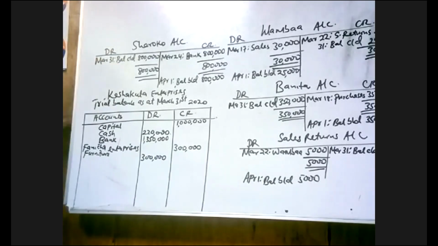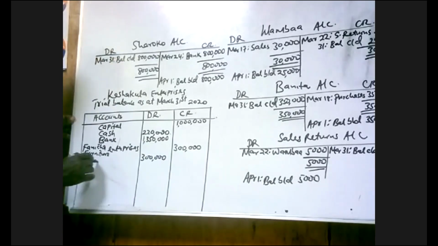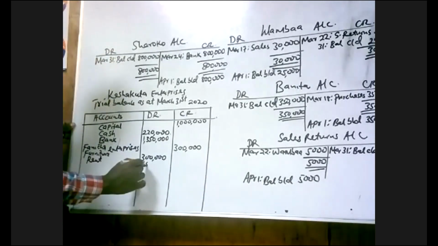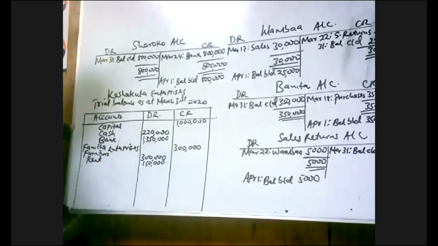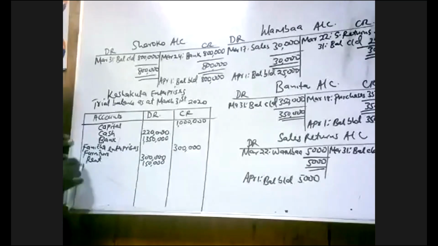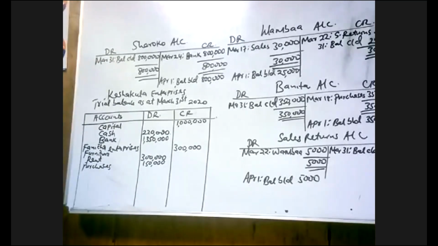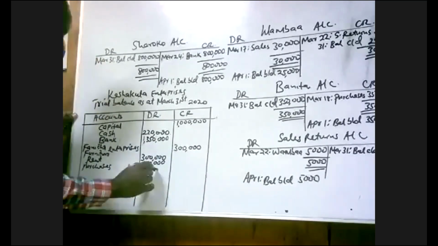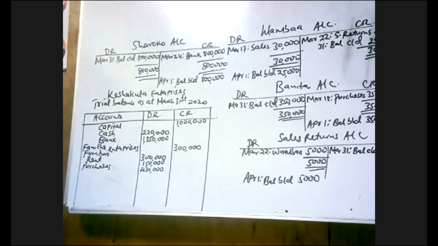The other account was rent, 2,000 on the debit. The other account was purchases, 430,000 debit, followed by sales.